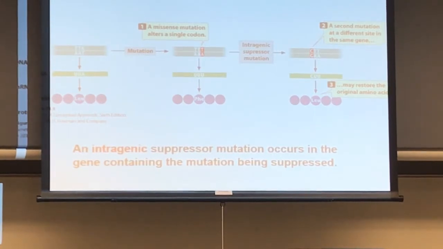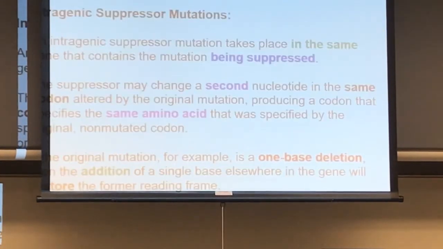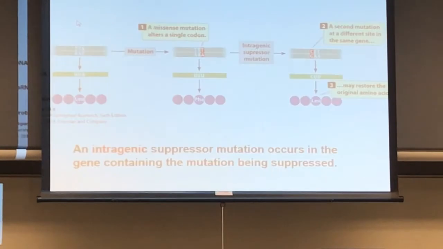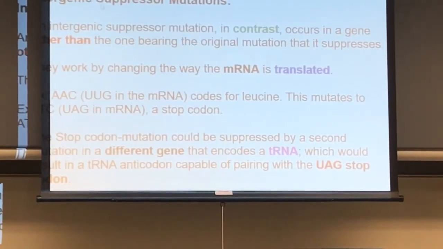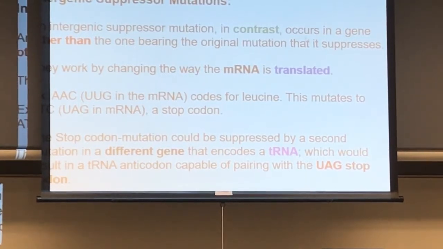Let's say you insert a different nucleotide in the same spot. What happens? The reading frame is restored. So this is also an example of intragenic suppressor mutations. The second type is intergenic suppressor mutations. The only difference is that an intergenic suppressor mutation actually occurs in genes other than the one being originally mutated.